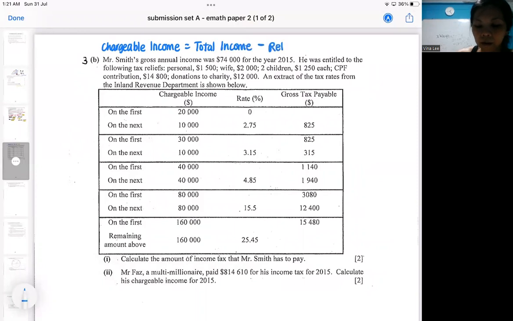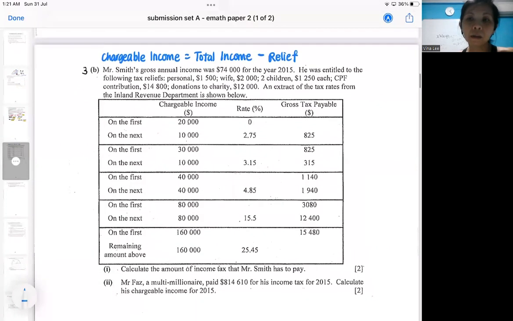The relief is like a discount that the government gives, knowing that you have to spend on yourself or you support your wife or children. So the chargeable income, or the taxable income, is what the government will look at, and then they decide how much to tax. So they will give relief. In this case, you might want to check out the relief.